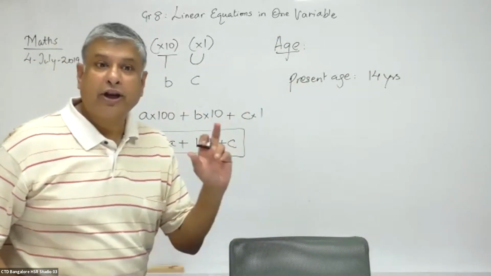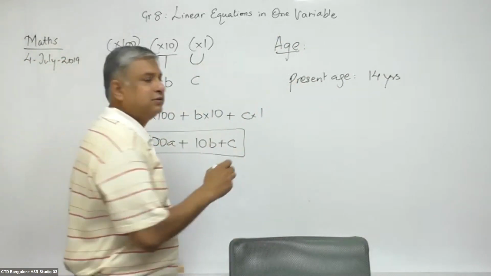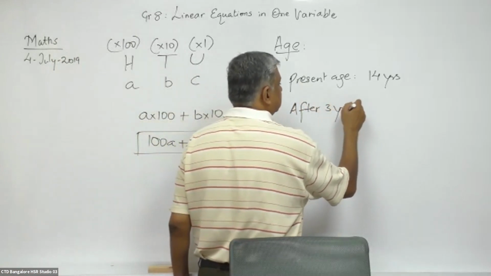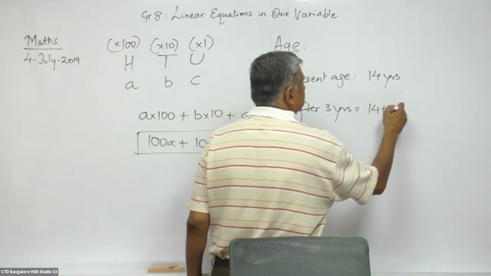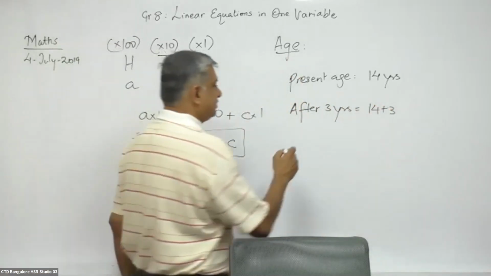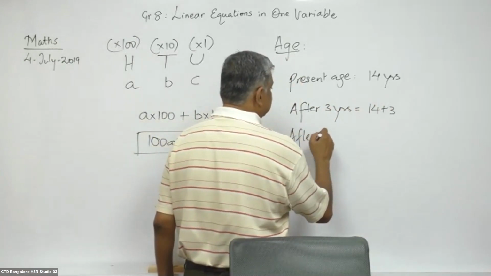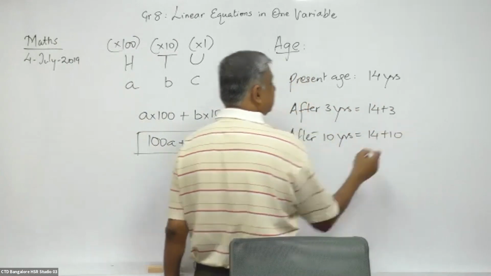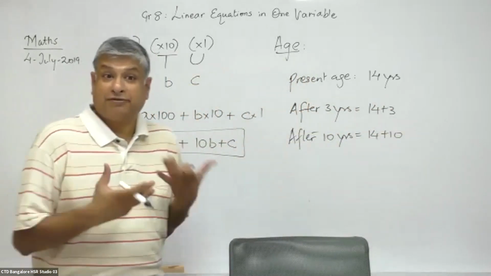So what will be your age 3 years from now? After 3 years, what will be your age? 14 plus 3, right? 17 years. After 10 years, your age will be 14 plus 10. So that is how you do afters.